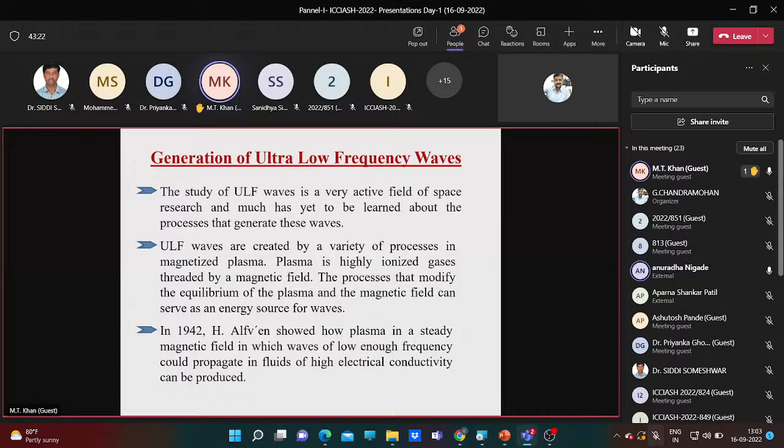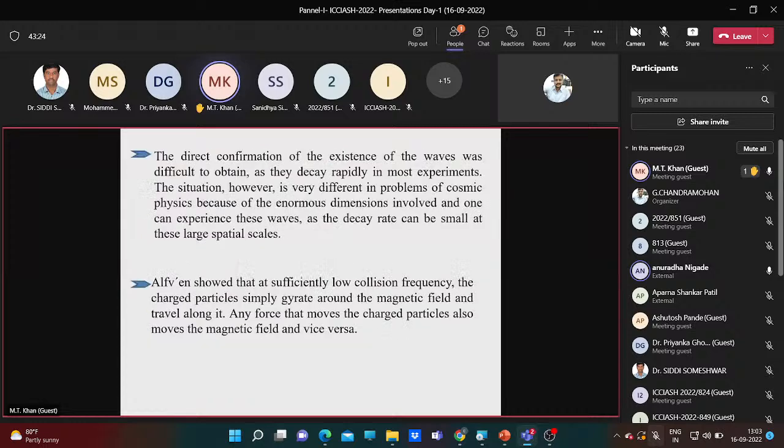The direct confirmation of the existence of the waves was difficult to obtain, as they decay rapidly in most experiments. The situation is very difficult in problems of cosmic physics because of the enormous dimensions involved, and one can experience these waves as the rate can be small at these large spatial scales.